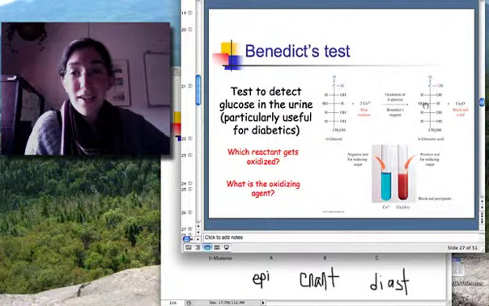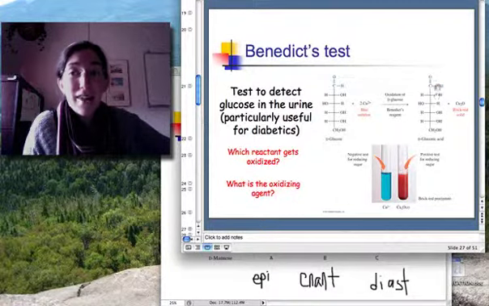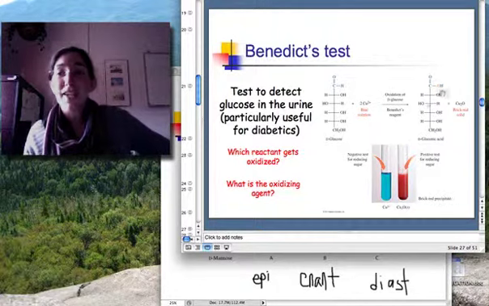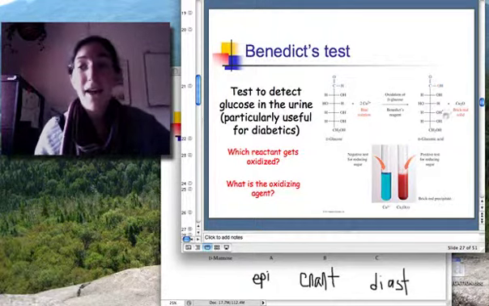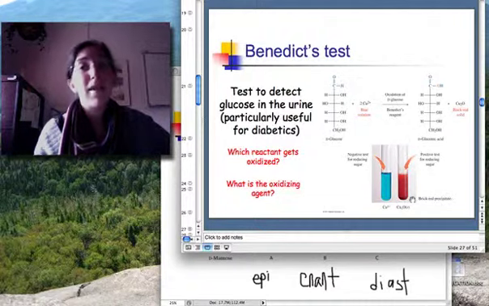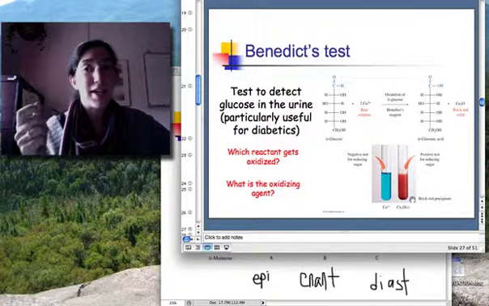Let's just look at the glucose. Glucose up here, you have an aldehyde group. After it reacts with this copper reagent, it has an oxygen added to it, so it gets oxidized, okay? This oxidation of glucose results in the reduction of the copper, and that reduced copper turns a red color, okay? So there are strips that are kind of a bluish color, I guess, normally.